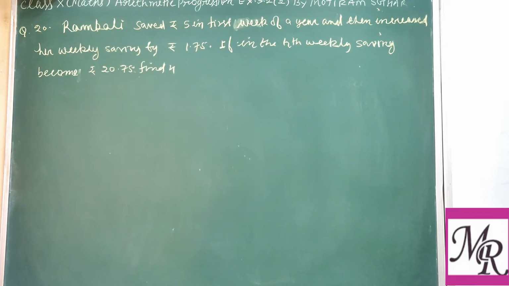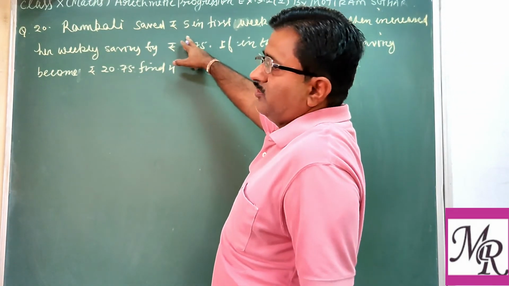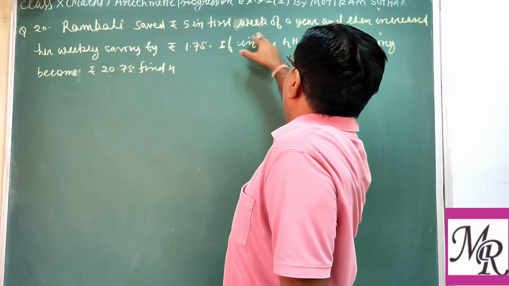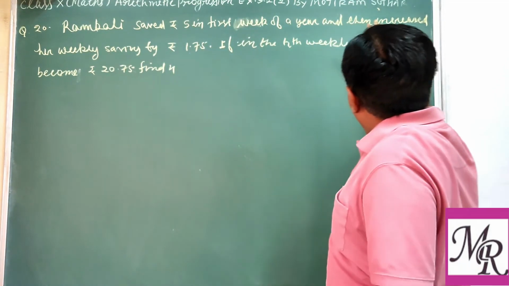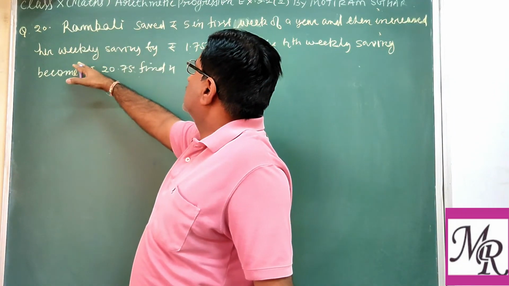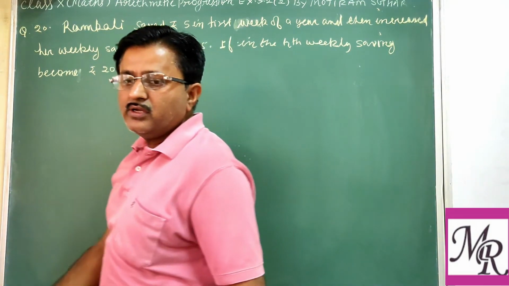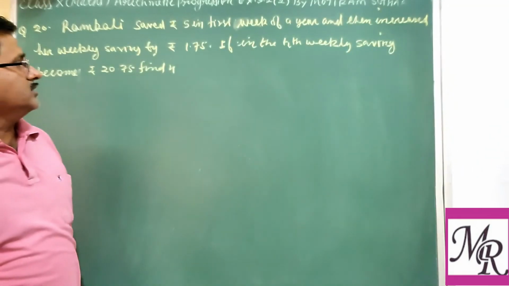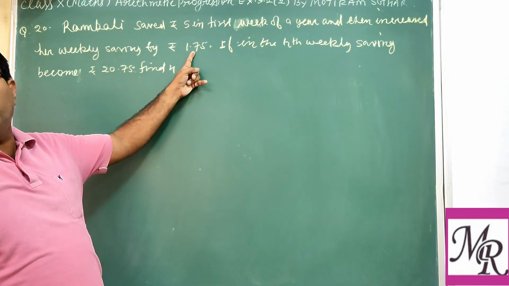Dear student, this next problem is very important. Ram collects 5 rupees in the first week of a year. So first week saving is 5 rupees, and then she increased her weekly saving by rupees 1.75. So every week she is increasing her weekly saving by rupees 1.75.